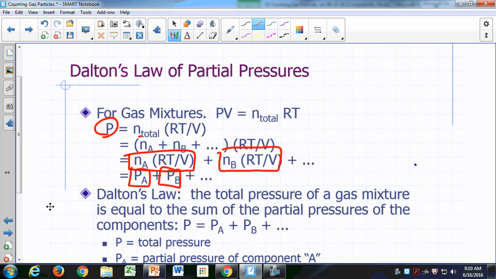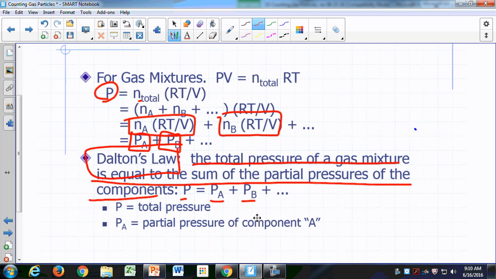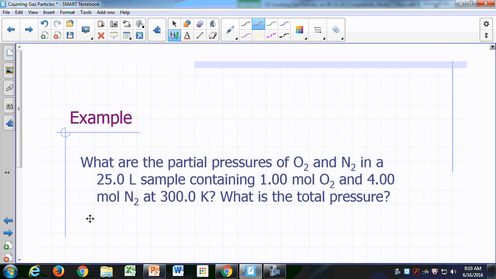So imagine each of those components as if they were alone, calculate their pressure, and then just add up all their pressures, and that should give you the total pressure of your gas mixture. So the total pressure of a gas mixture is equal to the sum of the partial pressures of the components. P total is equal to P sub A plus P sub B, and so on, and that is known as Dalton's law.